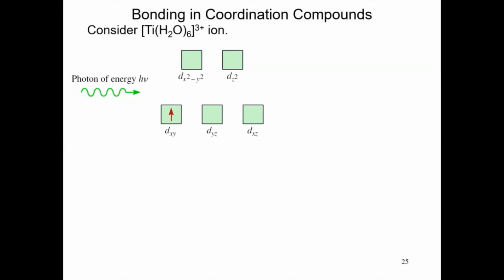And that energy might be sufficient, if the amount of energy is right, to excite that single electron, which is now in a lower energy level, into a higher energy level. But that only happens if the photon has the right amount of energy to bridge that crystal field splitting gap.